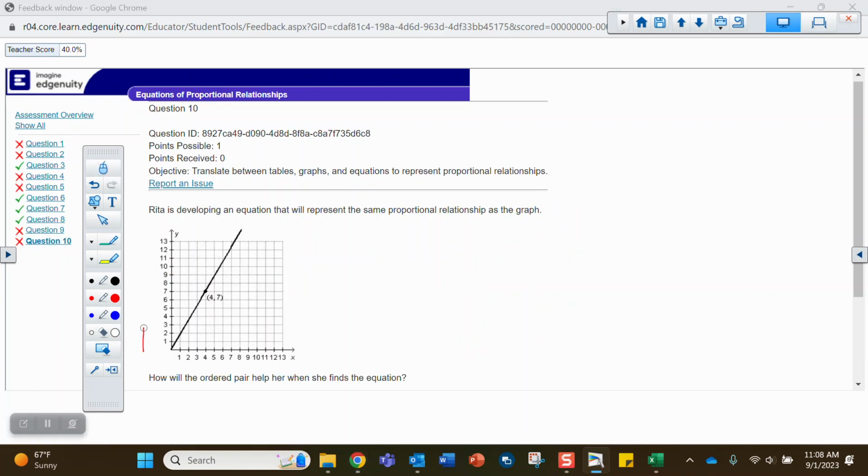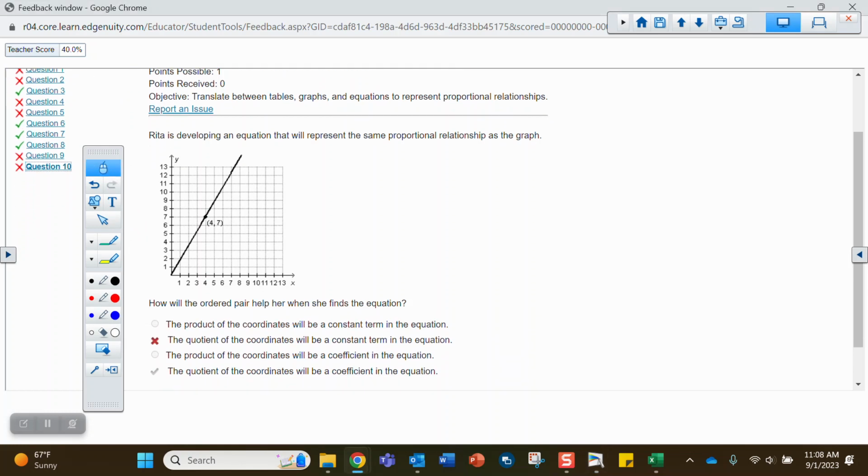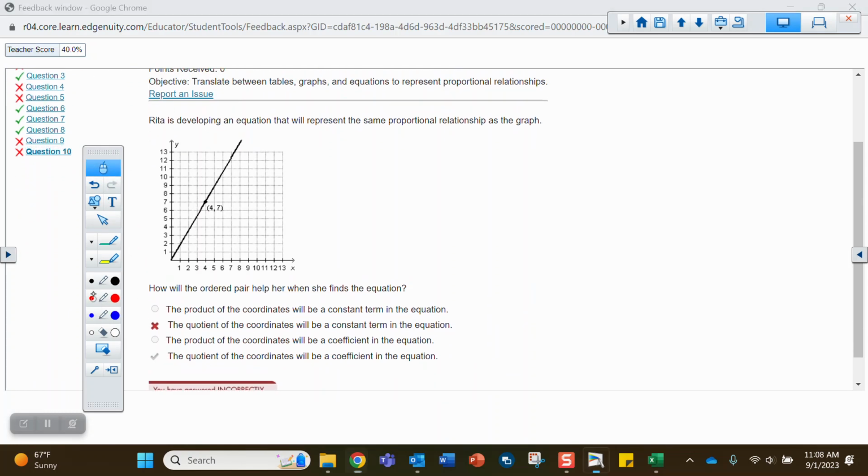Question 10, Rita's developing an equation that will represent the same proportional relationship as the graph. How will the ordered pair help her? The quotient of the coordinates will be a coefficient, not a constant. A constant is a term that doesn't have a variable, and in proportional relationships, y equals kx, the coefficient, that's the number that's multiplied by x.